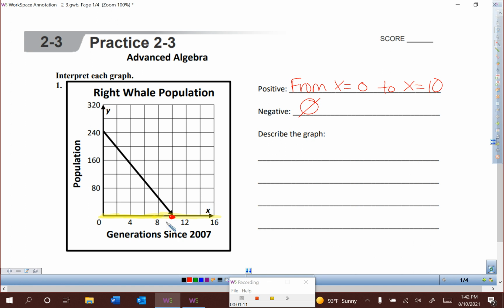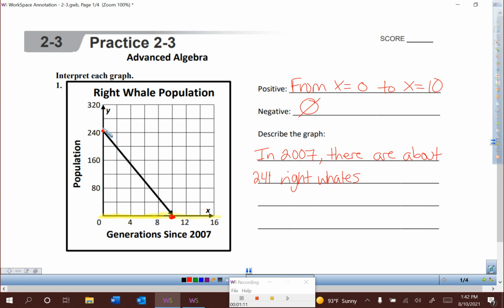So for this one, 0 represents 2007, so I'm going to say in 2007, there are about 241 right whales, and that's what we had for our intercept on 2.2.